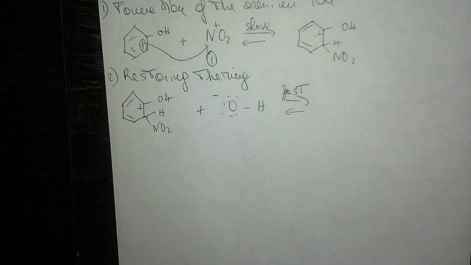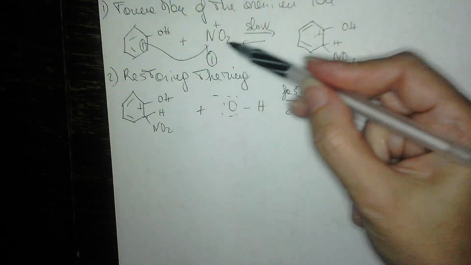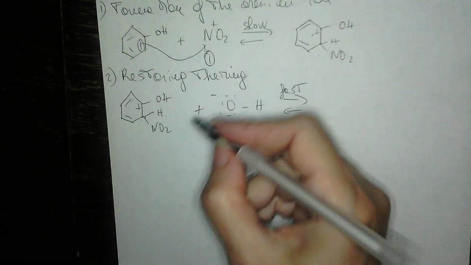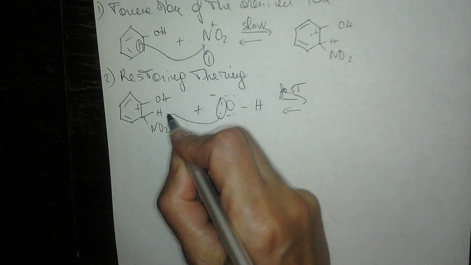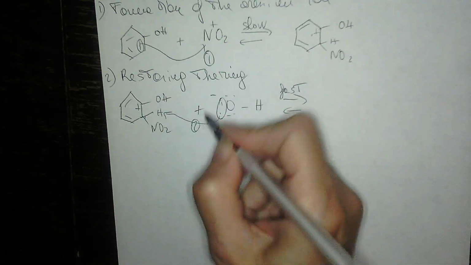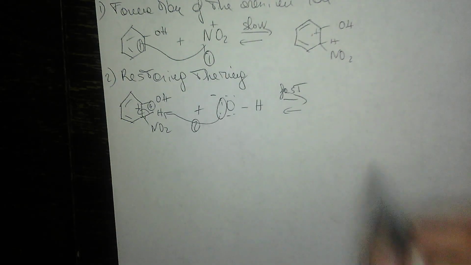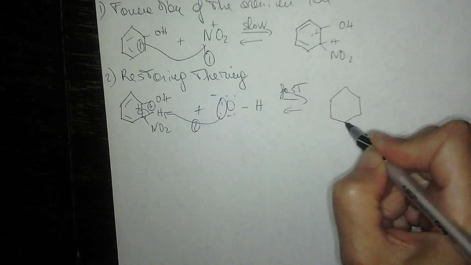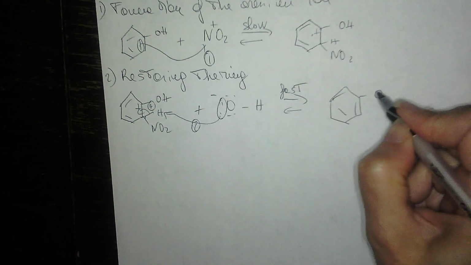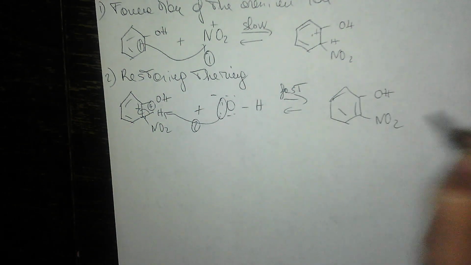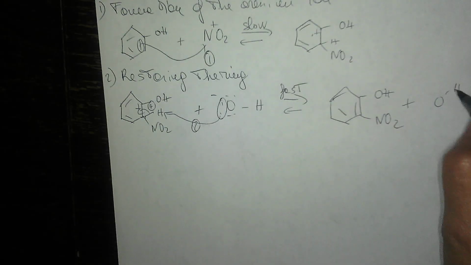Remember, I had HNO3, I split it into NO2 plus and OH minus. 2 electrons take the H, motion 2, and this one goes inside, motion 3. What do I get? Double bond, double bond, double bond, OH, and NO2, plus H2O. Okay, and I'm done, because I got my compound.